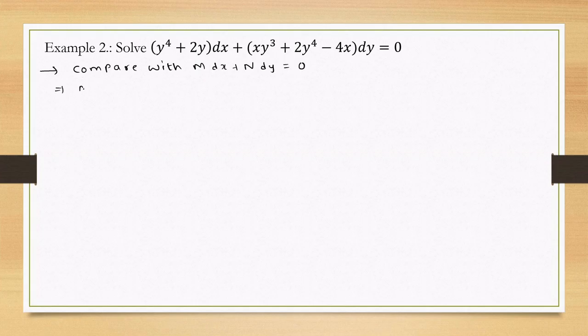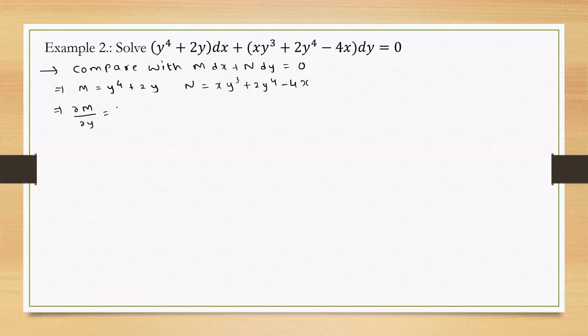What is m here? m is y raised to 4 plus 2y, and what is n here? n is xy cube plus 2y raised to 4 minus 4x, right? We need the dou m by dou y. What is dou m by dou y?